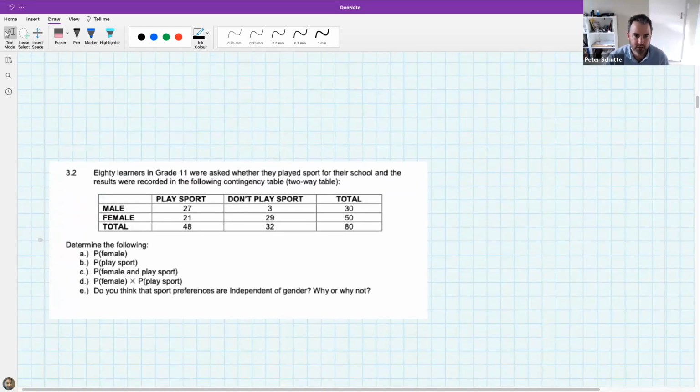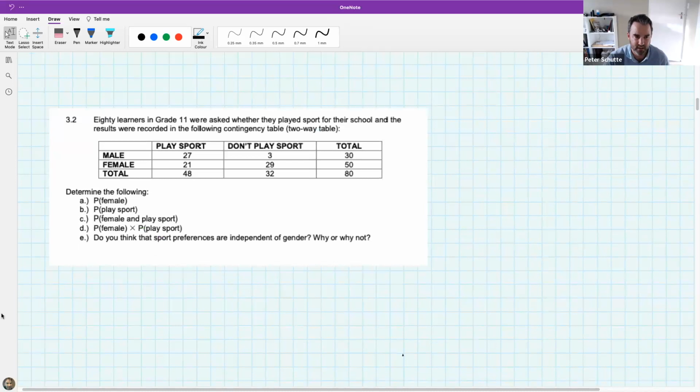So you guys have done so well. I think it's time for an exam type question. There are 80 learners in grade 11, and they were asked whether they played sport for their school, and the results were recorded in the following contingency table.